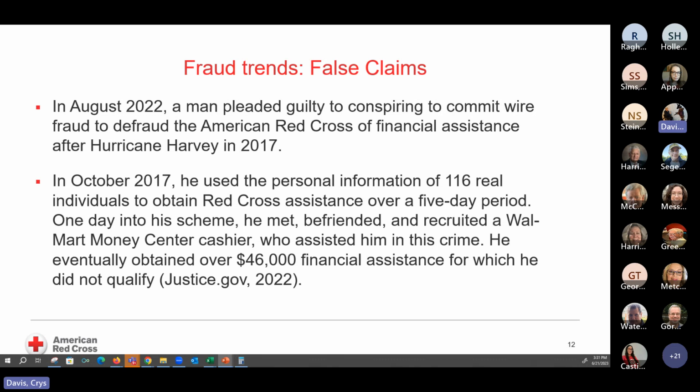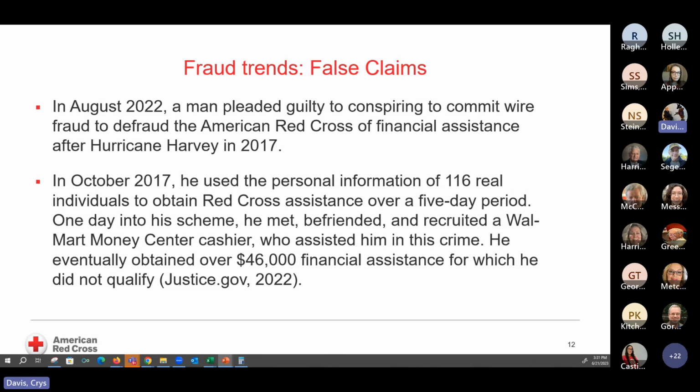Yeah, this was a pretty gnarly case. Like 5 days, seriously. It's like this guy was moving. One of the other things that I think is noteworthy here is if you notice, Hurricane Harvey was in 2017. This guilty plea was not until 2022. So these cases often take like actual years.